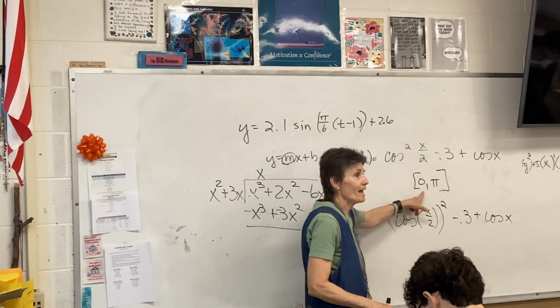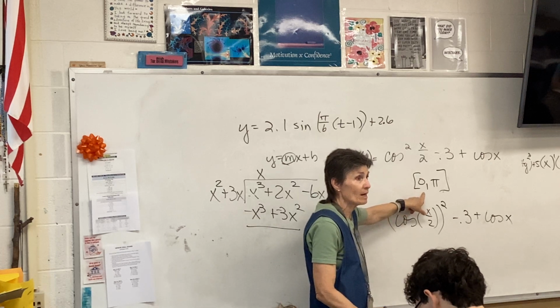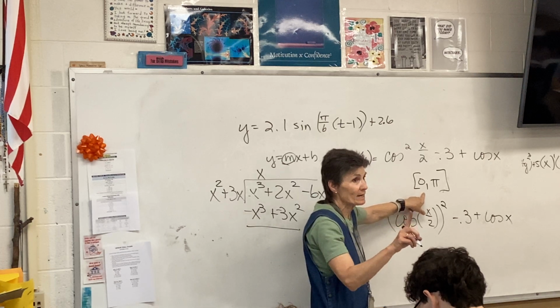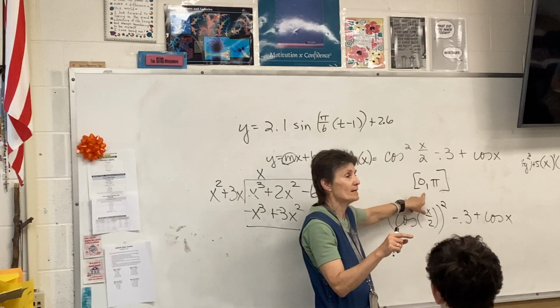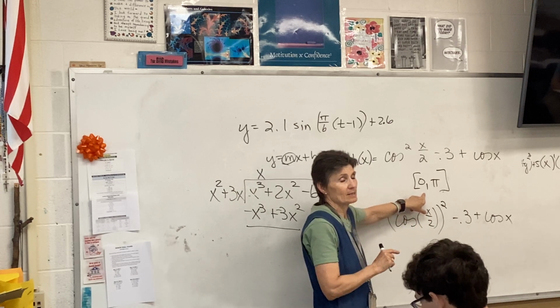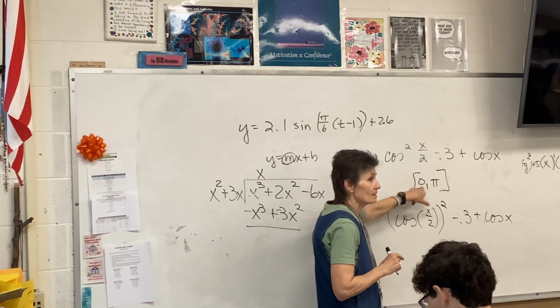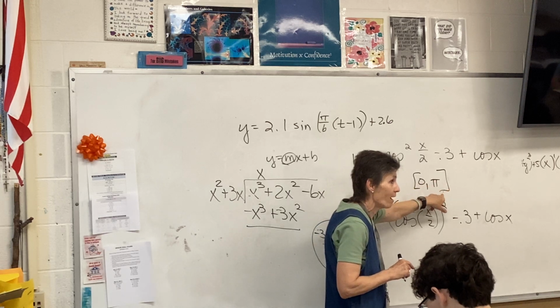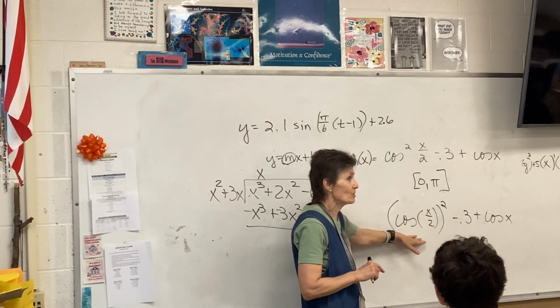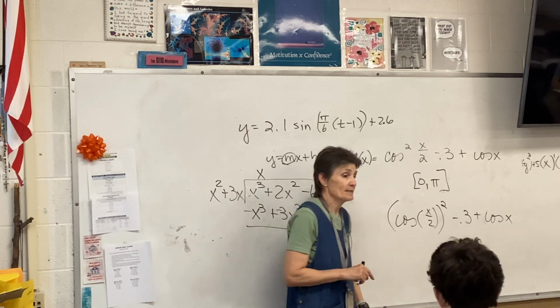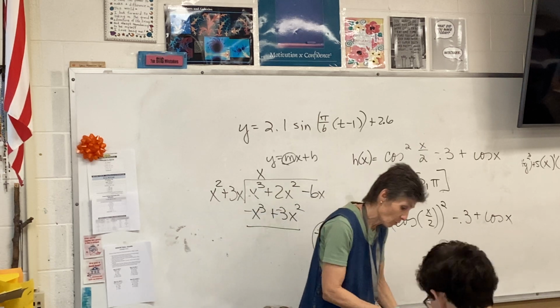This is your x min and max on your window. Obviously, you gotta be in radians. Set that calculator in radians and don't change it. Your x min is 0, x max is pi. You're gonna graph that equation, and you're gonna see if you can figure out where it crosses.